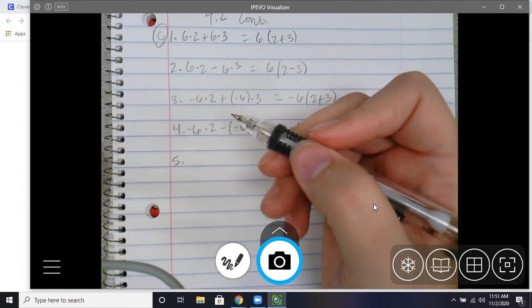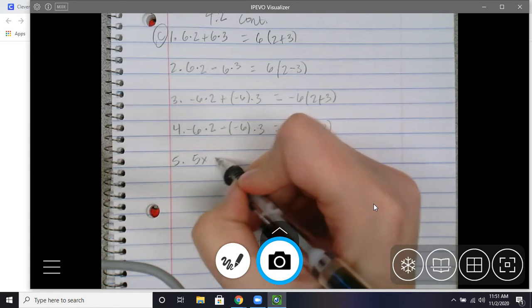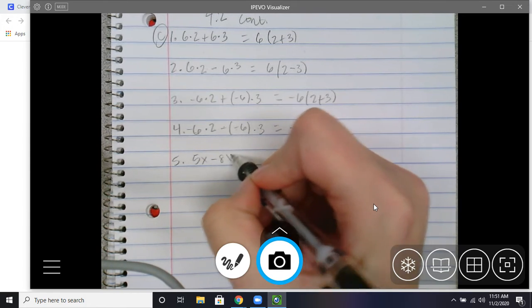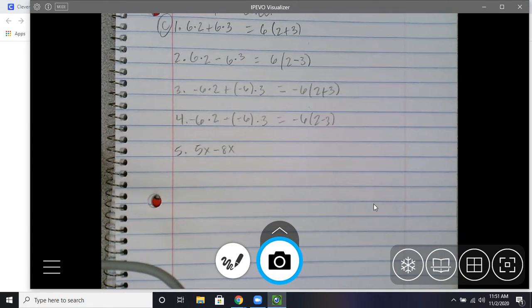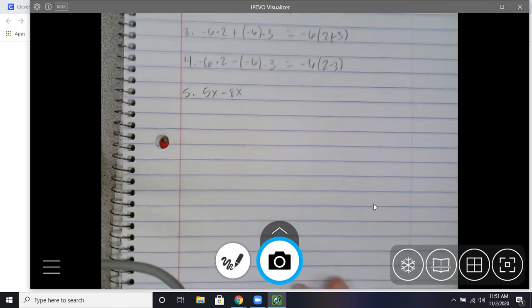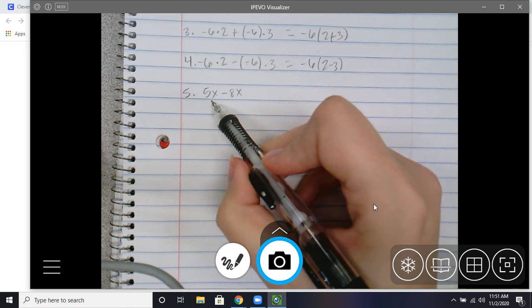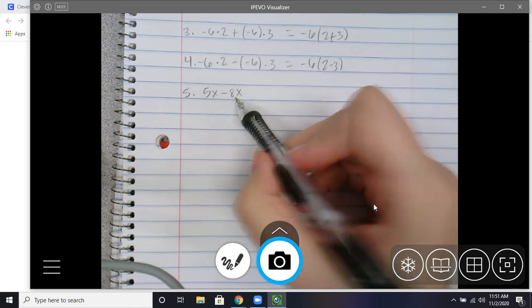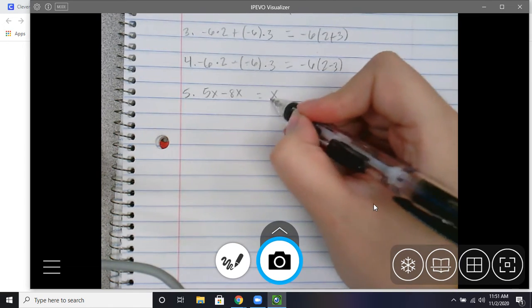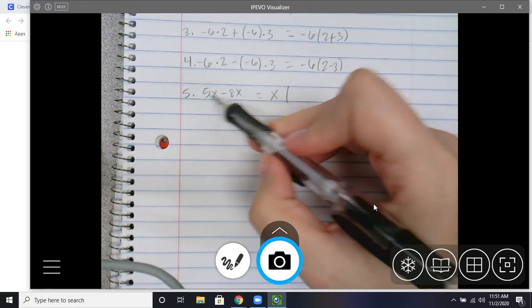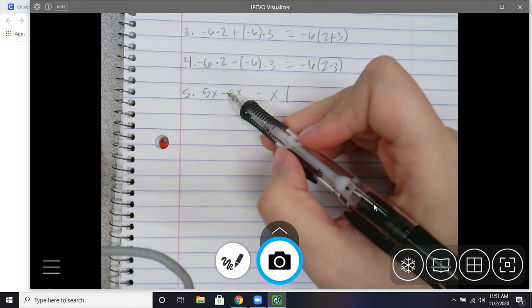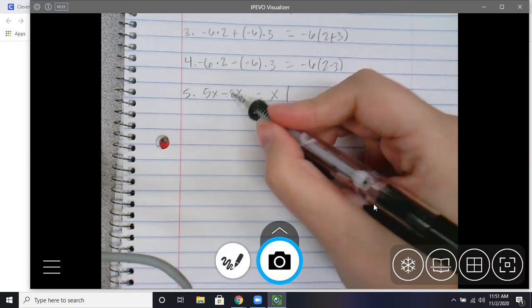Number 5, 5x minus 8x. Now, I expect if you're going to get stuck somewhere and get confused, this would be it. So looking here, clearly the 5 and the 8, that is not in common, but what they do have in common is the x. So this time you're going to pull out the x, and then inside is going to be everything that is left, which would be 5 minus 8.